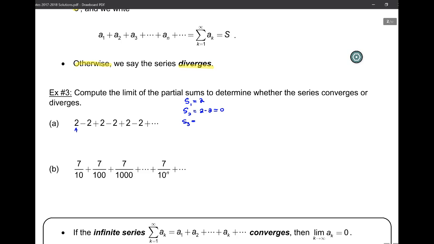S of 3 is going to be 2 minus 2 plus 2, which is 2. S of 4 is going to be 2 minus 2 plus 2 minus 2, which is 0. So just by looking at the sums, it's just flip-flopping between 2 and 0, 2 and 0. So this is not converging to one limit. So therefore, this sum diverges.